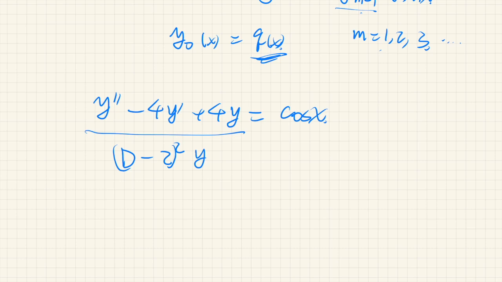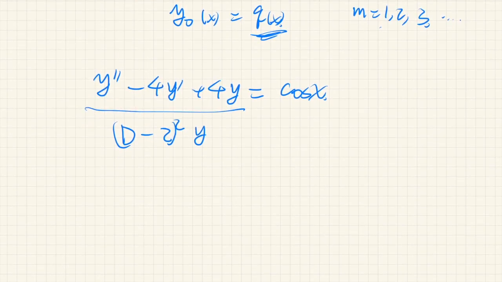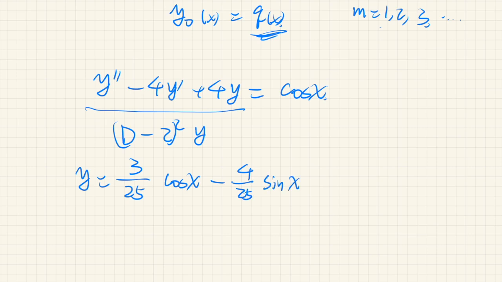So we apply this approach twice, and also we should add the general solution of the homogeneous case, and the final solution should be, and you should check, this: 3 over 25 cosine x minus 4 over 25 sine x plus a e to the 2x and b e to the 2x.